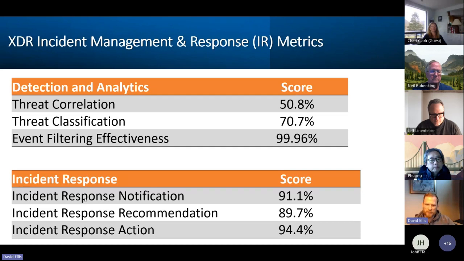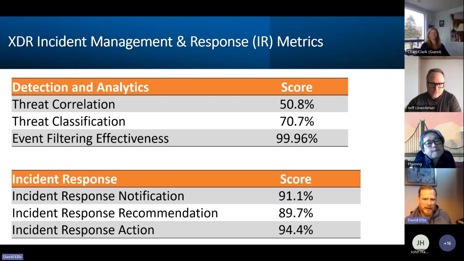So this is just splitting things down a little bit more in terms of how the solutions did. In terms of reducing the amount of noise that organizations would deal with, when you're talking about millions of logging activities and then bringing that down to either a couple thousand or even fewer events, it does a lot to reduce the workload on the incident response team.